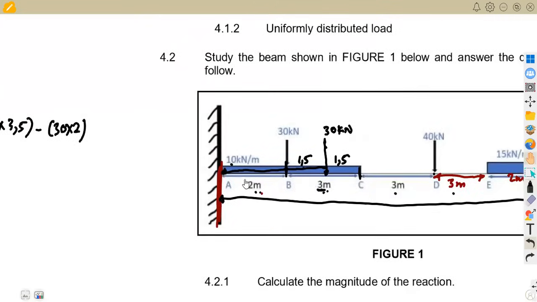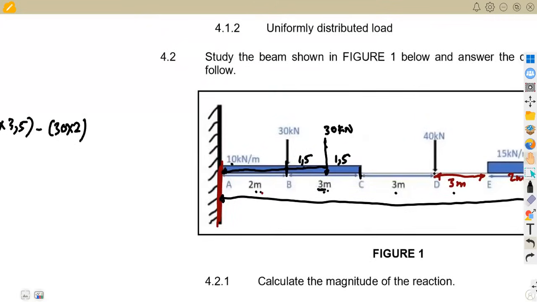Then if we check between A and B, we are going to consider our distributed load again. Between these 2 points, A and B, there's a distributed load of 10 kilonewton over 2 meters. So it's going to be 10 times 2, which is 20.